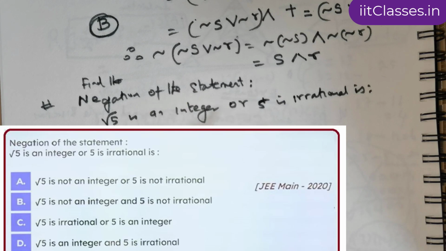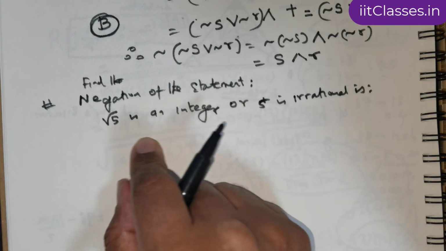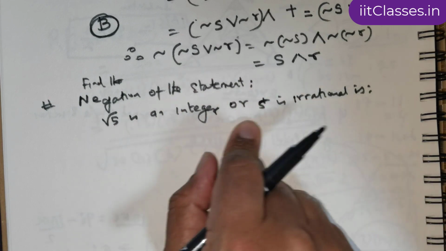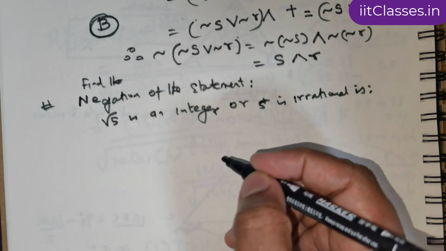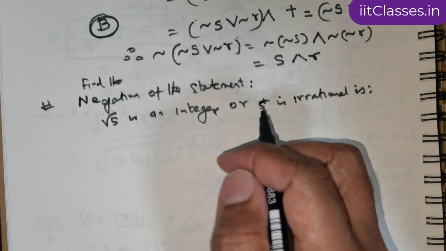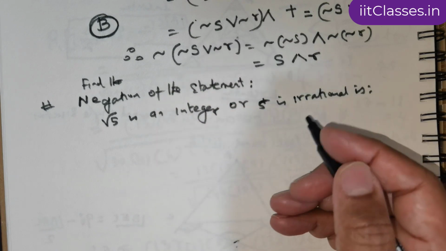Now before we could try to zero in on the choice by looking at them, it's better to first understand what is given, and then using our representation for the statements, we would be able to apply the property and directly get the solution. And then we will go back to the choices and see which of these choices are the best fit.